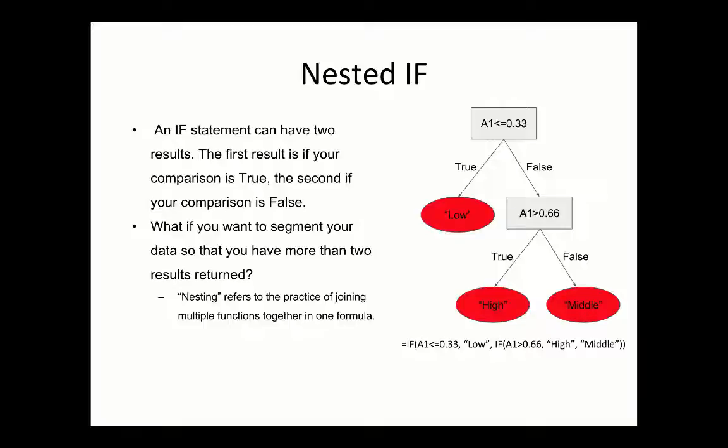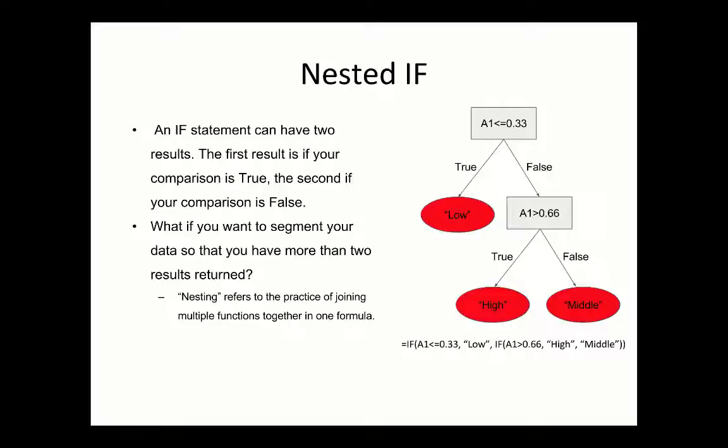Therefore, if A1 is greater than 0.33, we then test another if function. We test if A1 is greater than 0.66. If the second if function is true, we return the text high, and if it is false, we return the text middle. Why would we return text middle if the second statement is false?